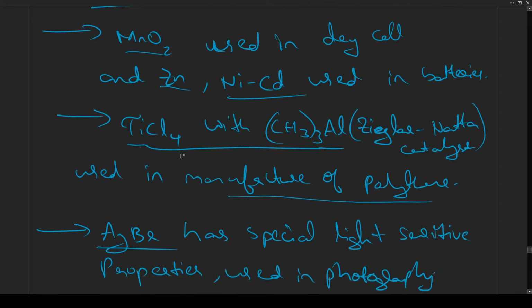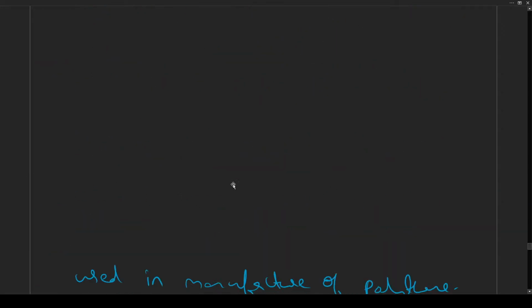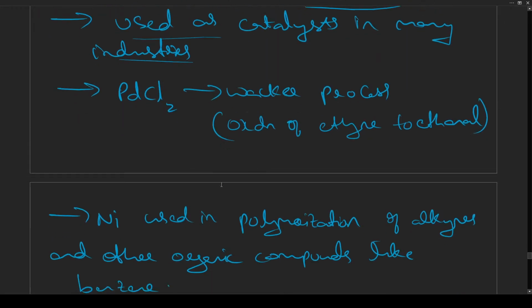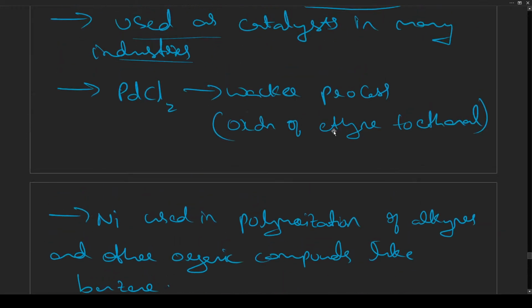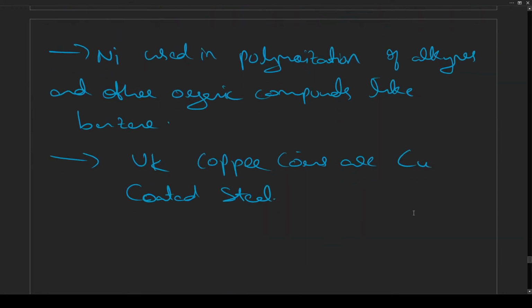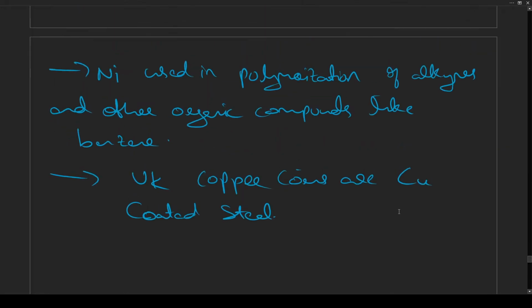Silver bromide used in photography as it has light sensitive properties. PdCl2 used in Wacker process, oxidation of ethene to ethanol. Nickel complexes used in polymerization of alkynes and other organic compounds like benzene, mainly used in hydrogenation. UK copper coins are copper coated steel.